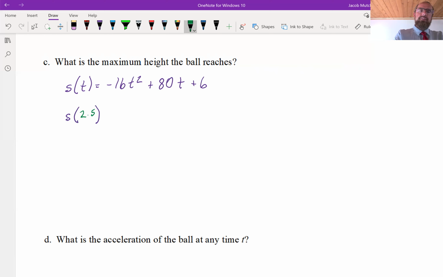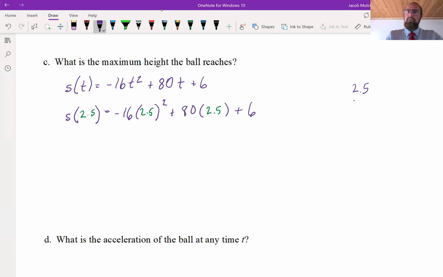So s at 2.5. So we'll just plug in here into the function. So it's negative 16 times 2.5 squared plus 80 times 2.5, and then plus 6. So let's calculate that out. 2.5 times 2.5 from that squaring is going to give us 25 times 25 is 625, 2 decimals, so 6.25 times 16.